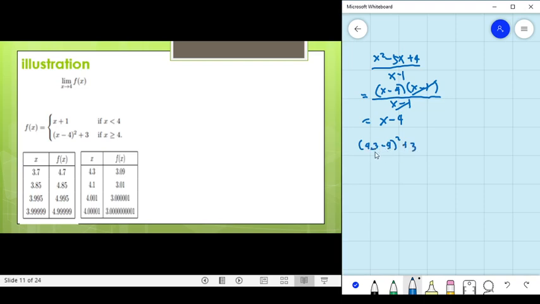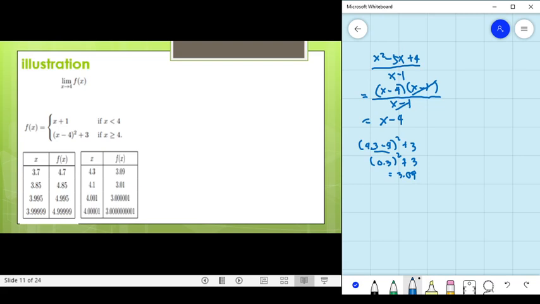So 4.3 minus 4 is 0.3. 0.3 squared is 0.09 plus 3. So it equals 3.09. Again, we can use the calculator to make computation easier and faster.